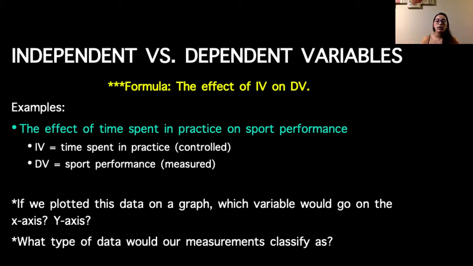That could be considered ratio data, because 0% would mean there's an absence of the measurement, or they didn't make any. We could also say that we've got ranked data in terms of whole numbers, or they can assume whole numbers 1 through, maybe we ask them to shoot 10 free throws.